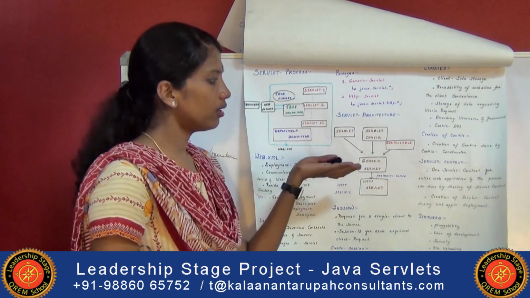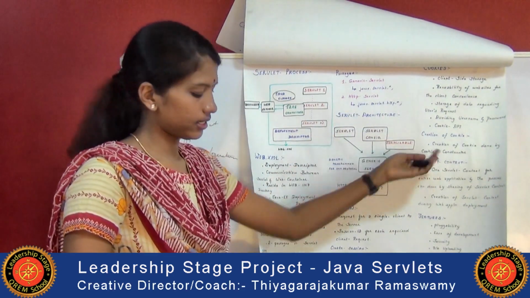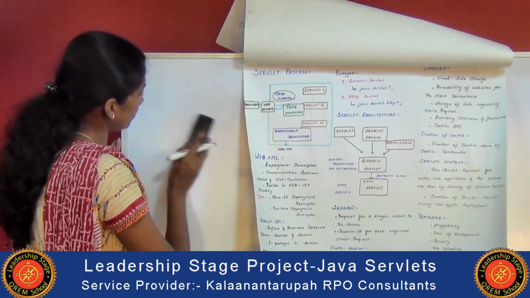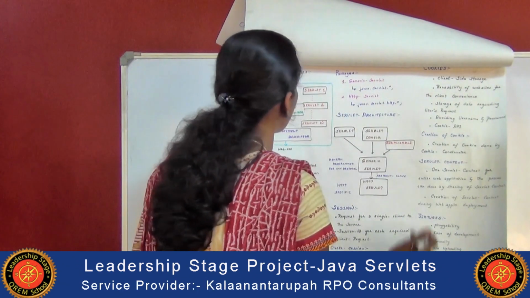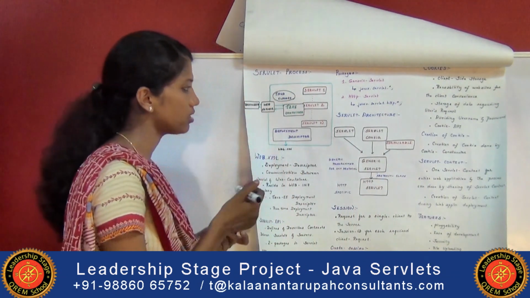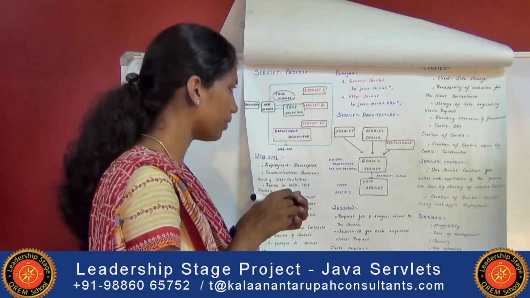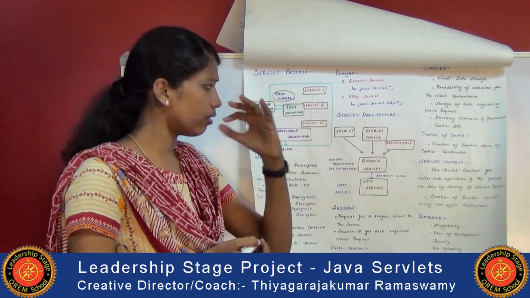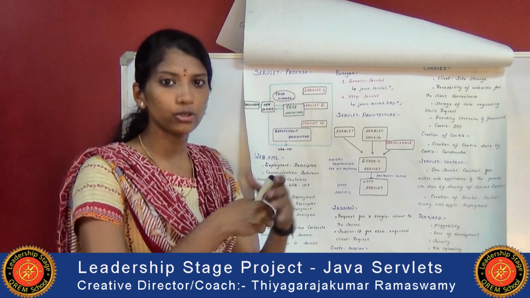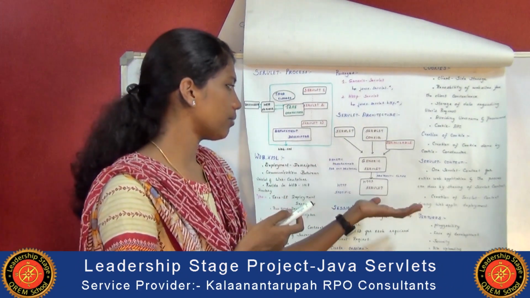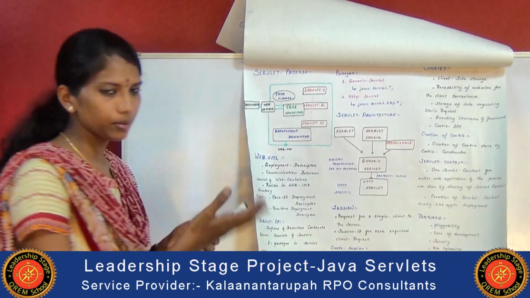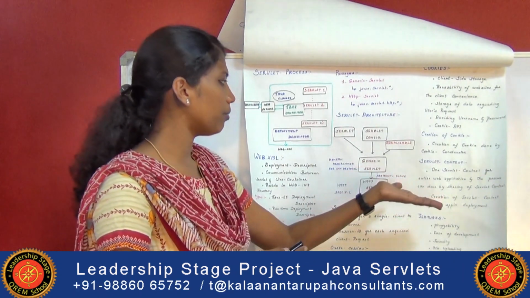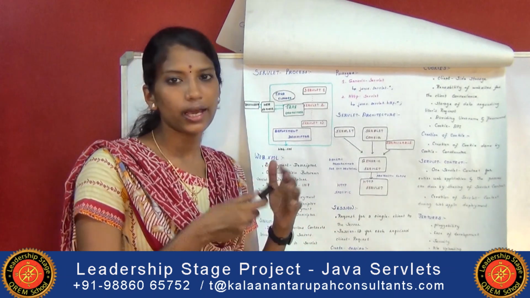So, the next is about servlet context. As I already told, the process of servlet context in servlet architecture applies in the servlet process. Servlet context is nothing but, for the entire web application, there will be only one servlet context to share the resources. That means during the deployment of the web application, there will be one servlet context for the entire web application, and the process is done by sharing the servlet context.